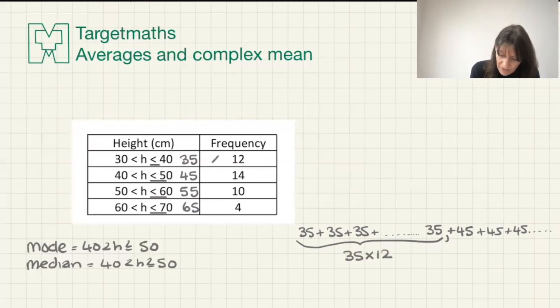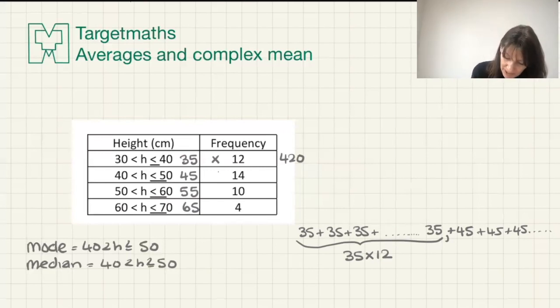So that is what I'm going to do here in the table. 35 times 12 is 420. So 35 plus 35 plus 35 plus 35 plus 35 over and over 12 times, I get 420. It's not adding them all up, it's just adding all the 35s up.